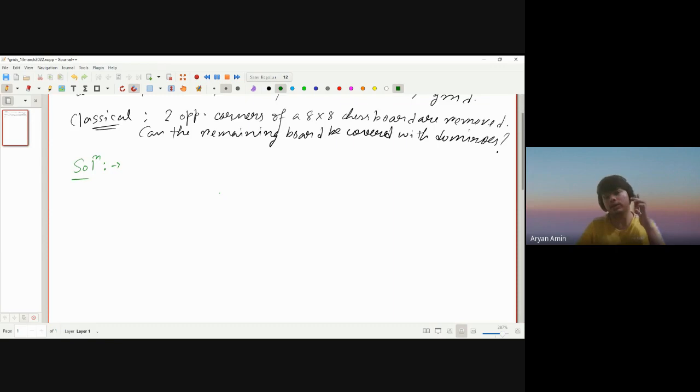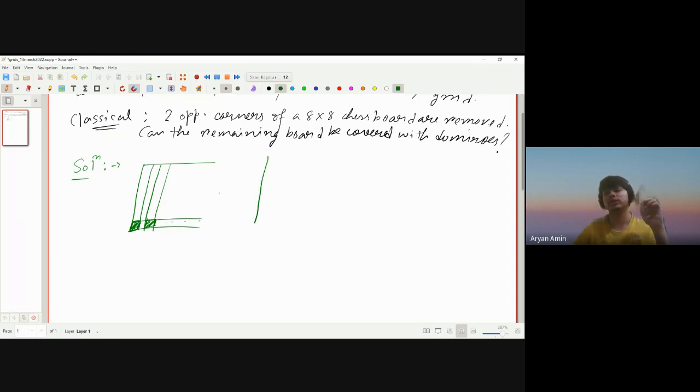Think about how a chessboard generally looks. You have squares of alternating colors. So you have a black, okay, this is green here, but okay, followed by a white and then another black, and so on.